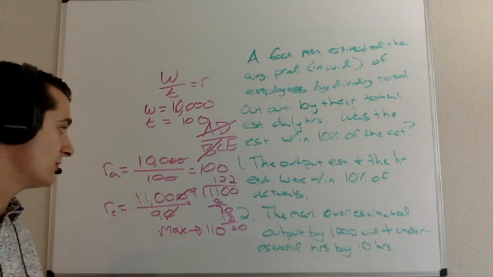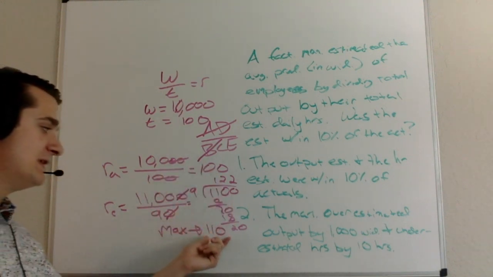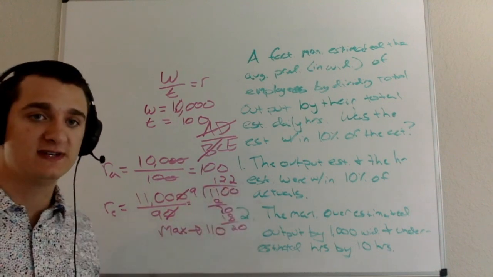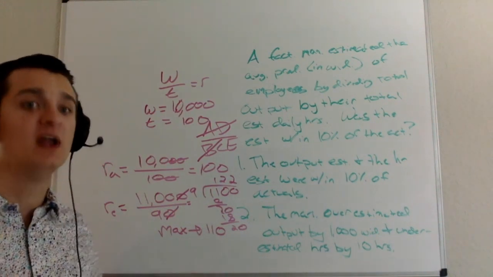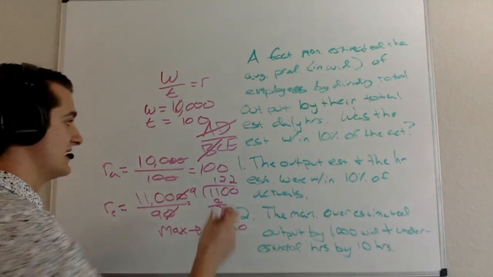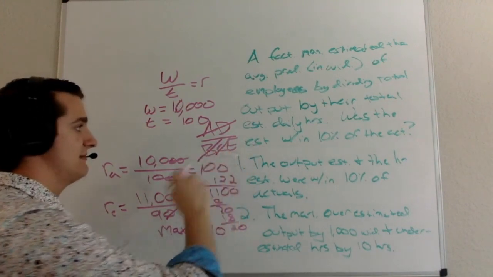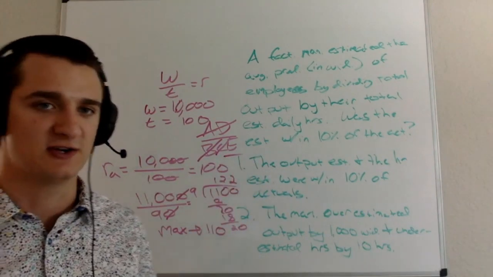Now, here's why that's important. Because to have 10% error, I need to be within 110. This is going to go far beyond 110. 122 obviously is greater than 110. So having greater than 10% error is possible. And so I'm going to say C is out, it could be without 10% error. And E is going to be the correct answer here.